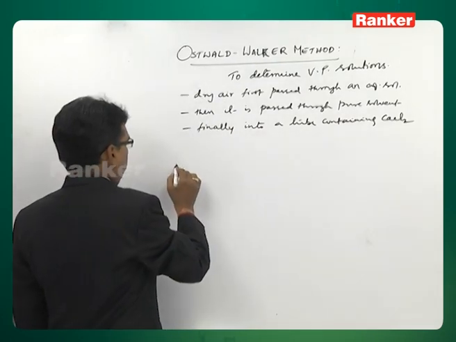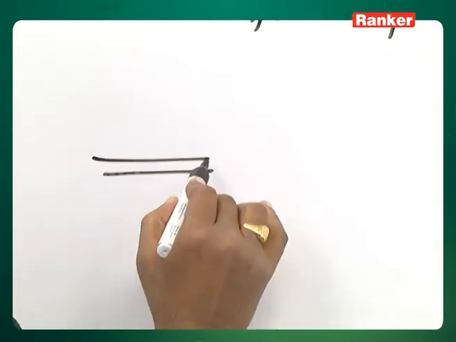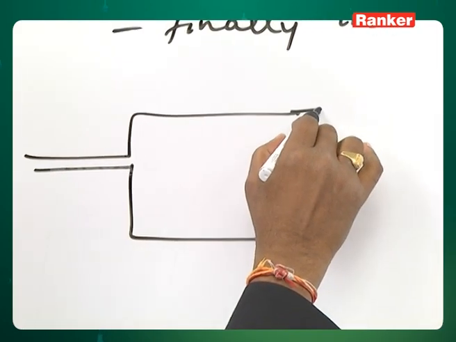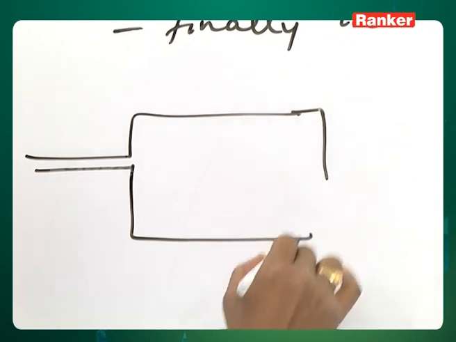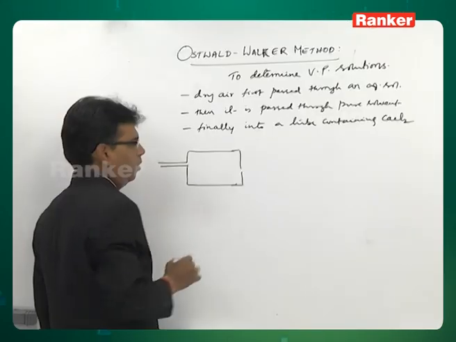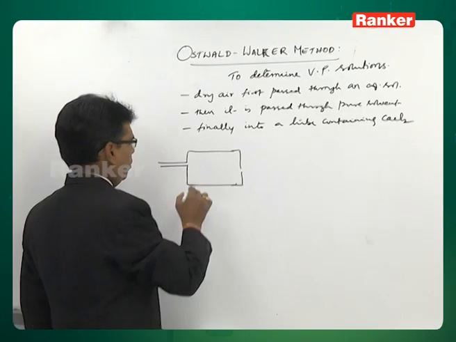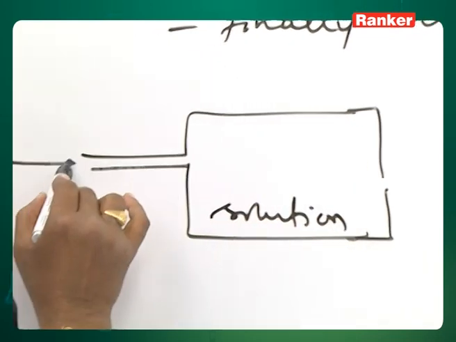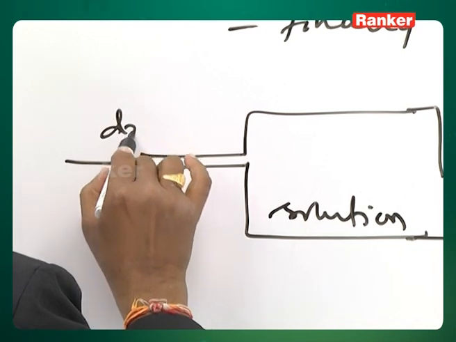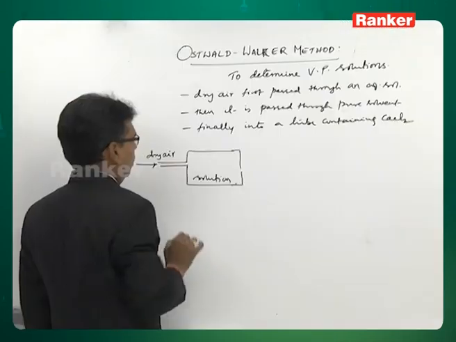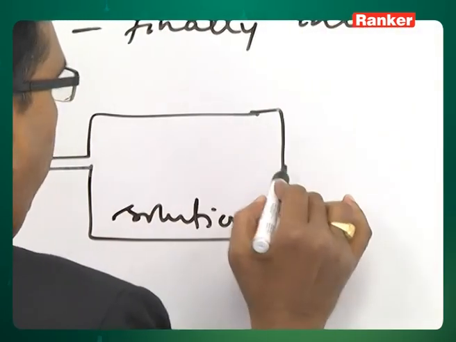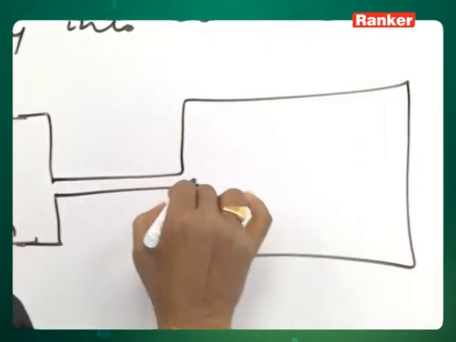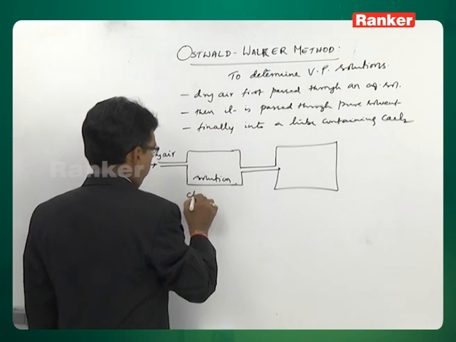So, here this is a vessel containing solution, dry air is passed, here you will have a solution, and from this it is passed into another chamber. This is chamber 1.